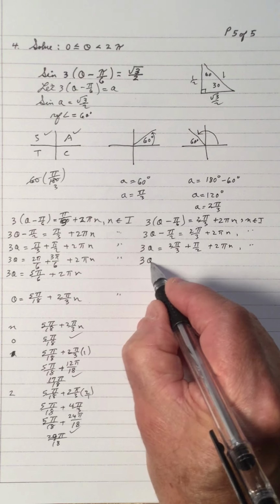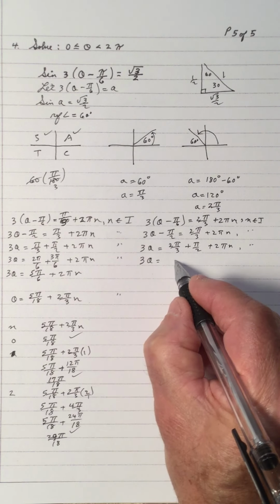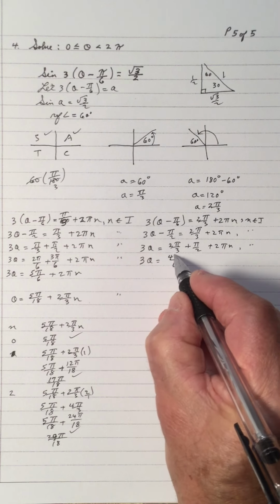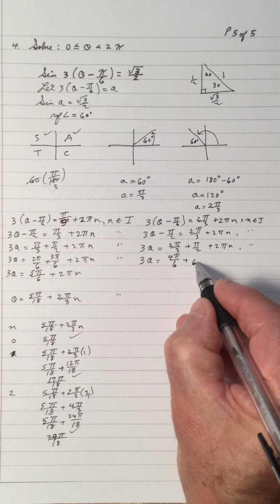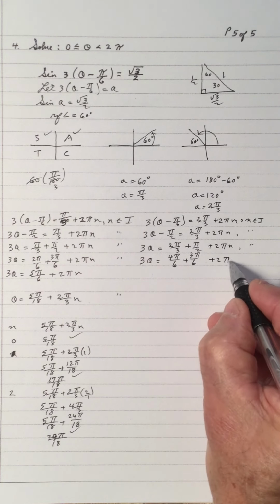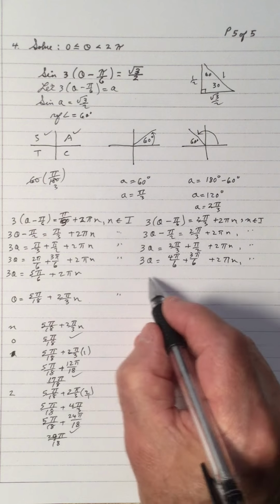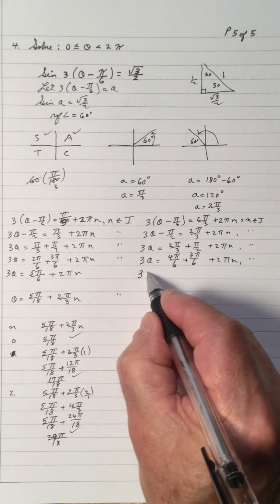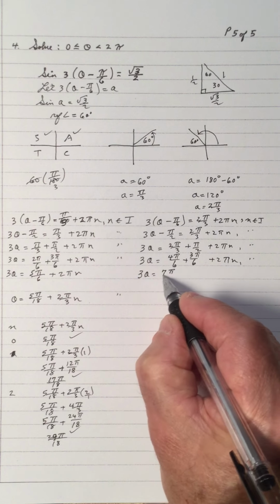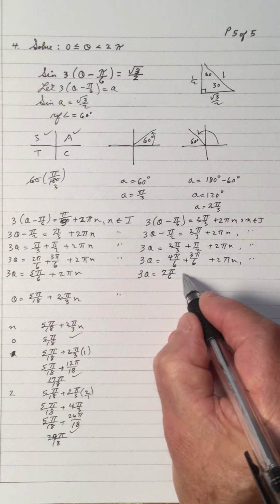And we add them up. And so that's 6 is the denominator. That's a 4 pi. 6 is the denominator. That's a 3 pi. And now we have 3 theta equals 7 pi over 6.